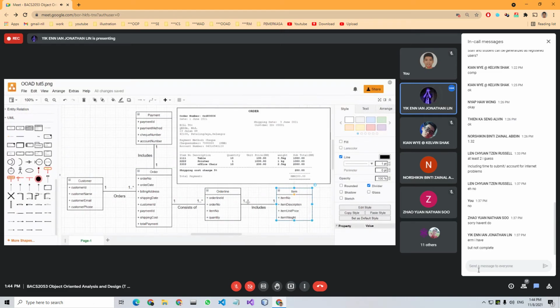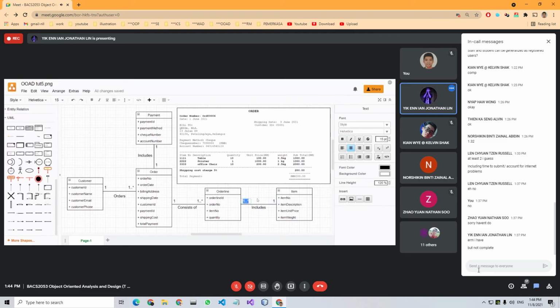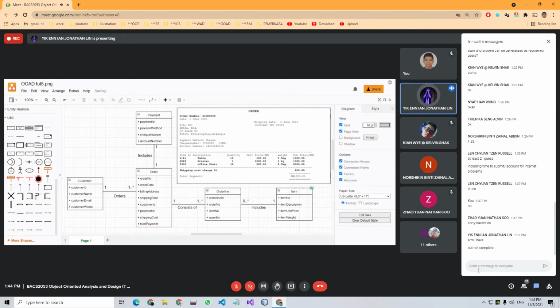Each item can be included in zero or many order lines, and each order line can only include one item. An order can include one or many order lines, but each order line can be used by one order. So one to many and many to one.